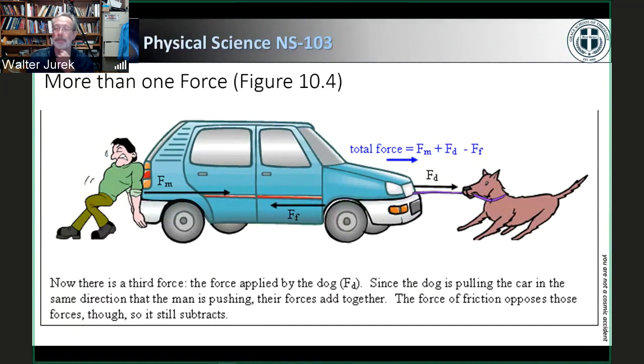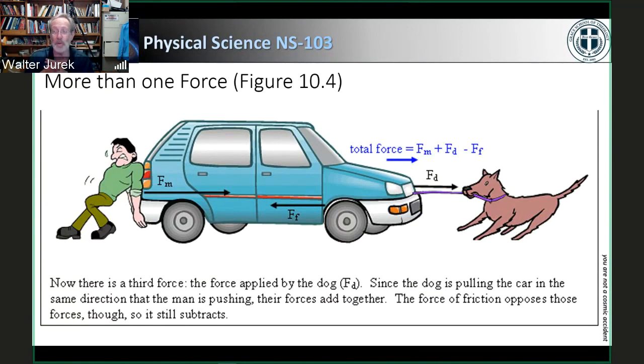Add them all up. Well, I got two going to the right. I got one going to the left. So we'll call the two going to the right pluses, and we'll call the one going to the left a minus. And that's what's being shown in that blue type. The total force: George is pushing to the right, his dog's pulling to the right, and then friction is acting left, so it gets a minus sign.